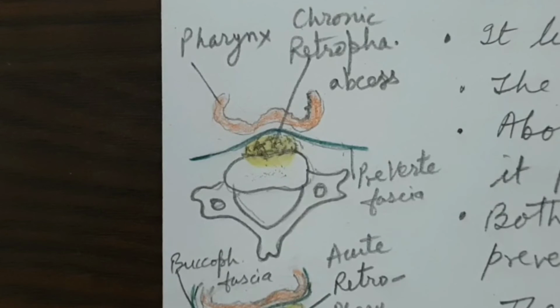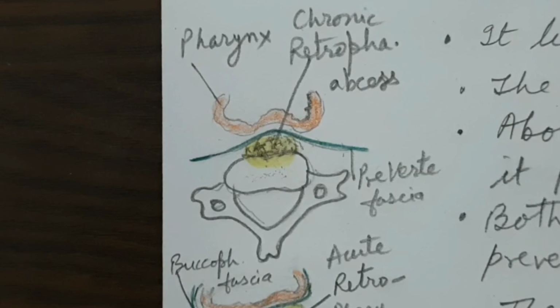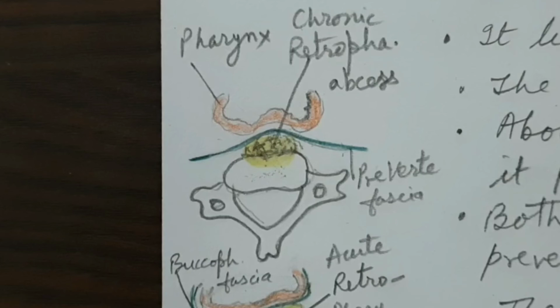And see that this buccopharyngeal fascia fuses with the prevertebral fascia, the cervical fascia, in the midline. That means any pus from the right side will be prevented from going to the left side. That means the swelling or abscess, which is acute pus, is usually due to the infection of the lymph node, pus formation of the lymph node, which will increase.